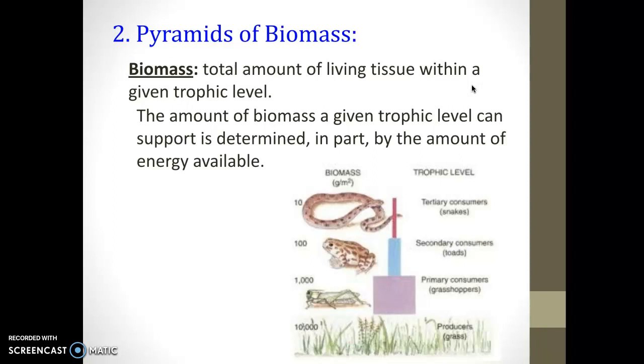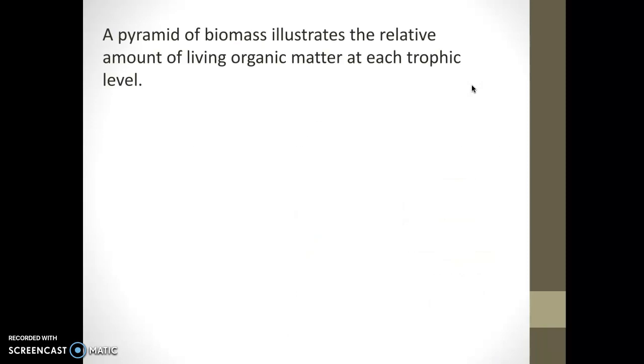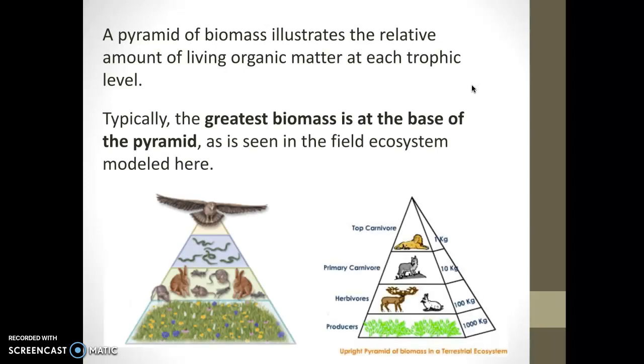Some areas may have more energy available than others, and so the amount of biomass or living tissue found in an area is going to vary greatly depending upon the ecosystem that we're looking at.